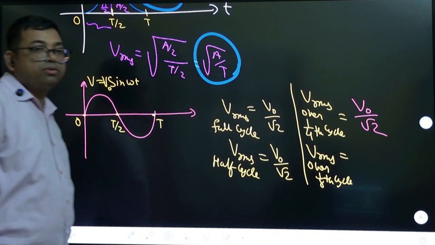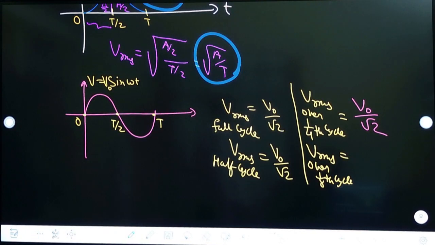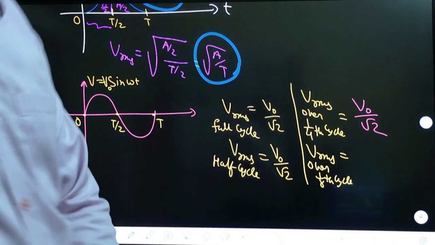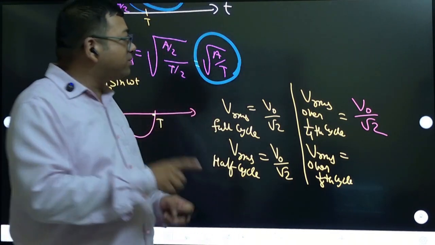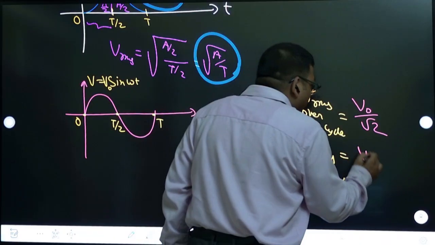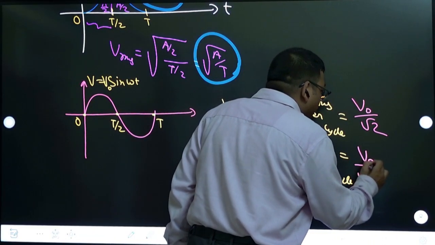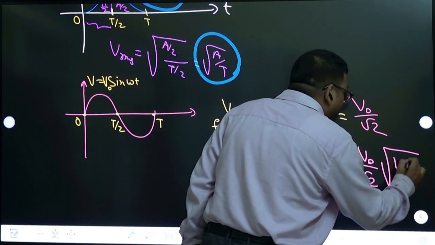What was it for 1/8? Do you remember that? If this comes in the exam, nobody will be able to do it, but that is why I told you to remember it. It is V naught by root 2, root under 1 minus 2 by pi.